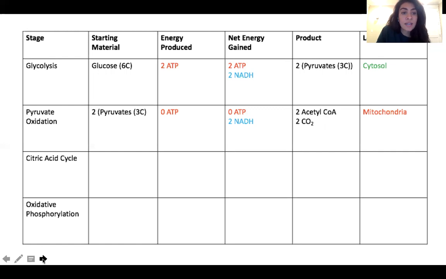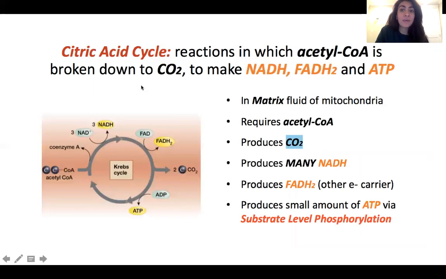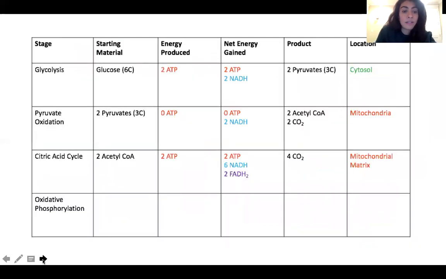So the next step is citric acid cycle, and this is when we take that acetyl-CoA that's in the matrix and we break it down into carbon dioxide, and in this process we make NADH, FADH2, and ATP. So if we go back to the table, I wrote acetyl-CoA is the reactant. We make 2 ATP, 6 NADH, and 2 FADH2.